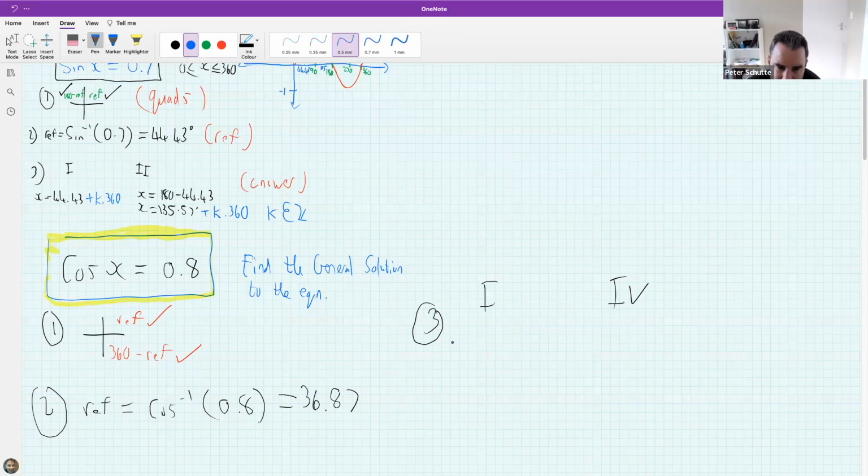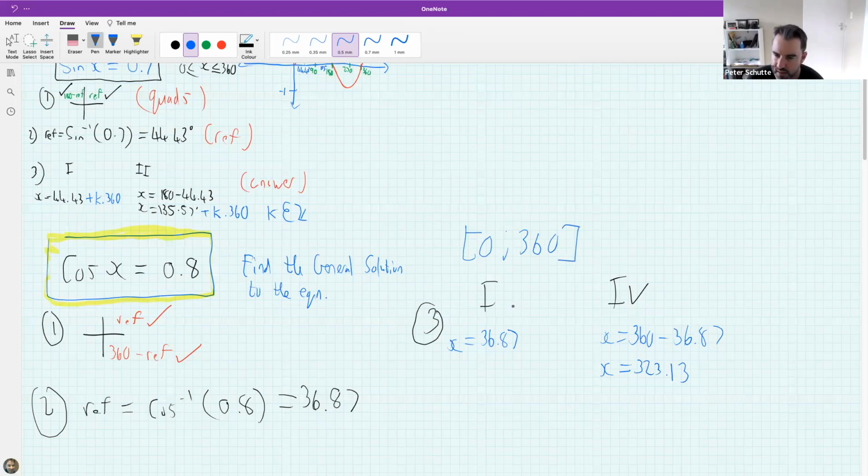Okay, so in this case, we're going to say x is 36.87 for quadrant 1, and then for quadrant 4, it's going to be 360 minus that, which gives me 323.13. Now, if they said I only want the answer between 0 and 360, then I'm done.